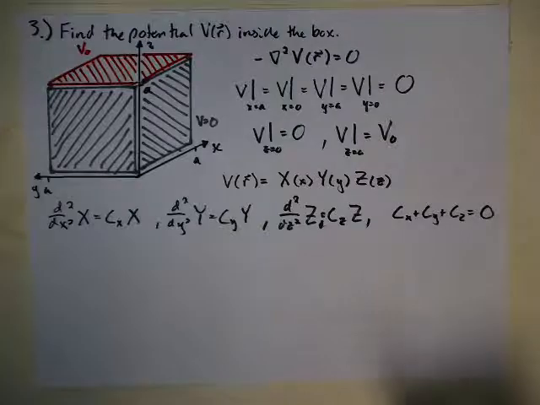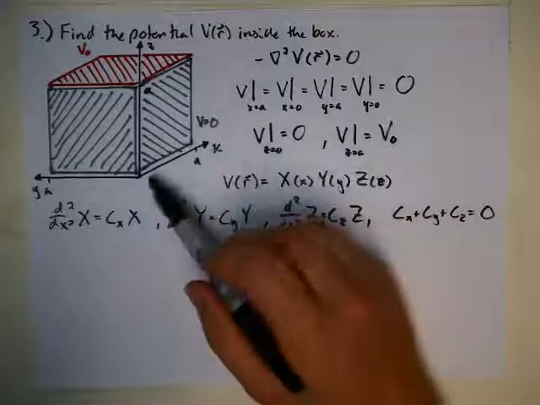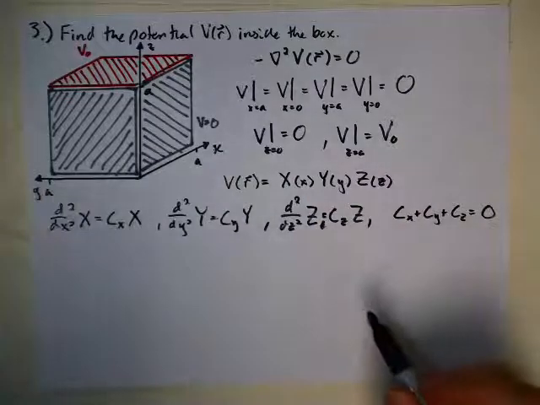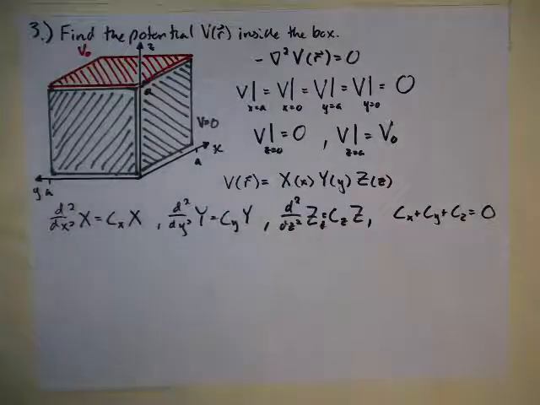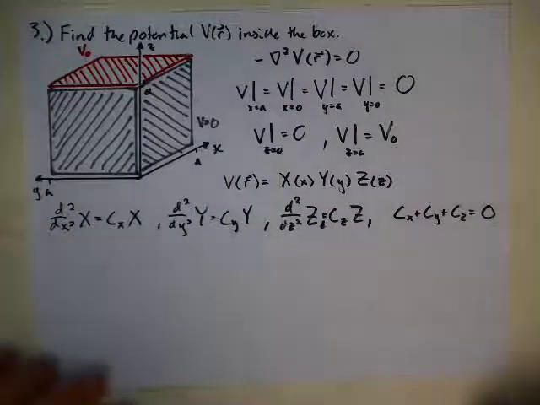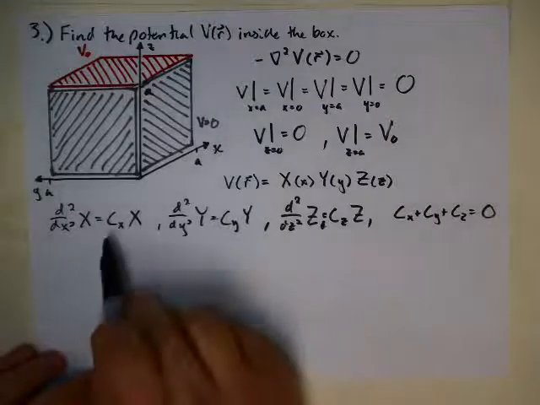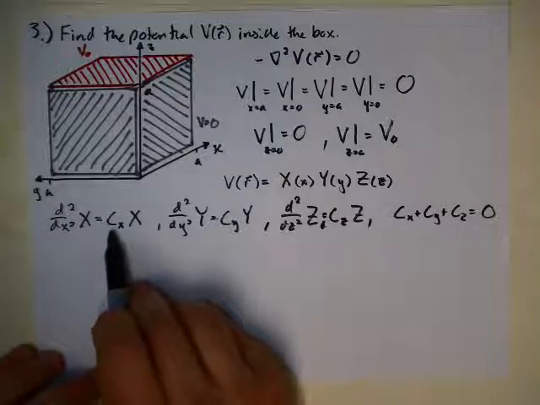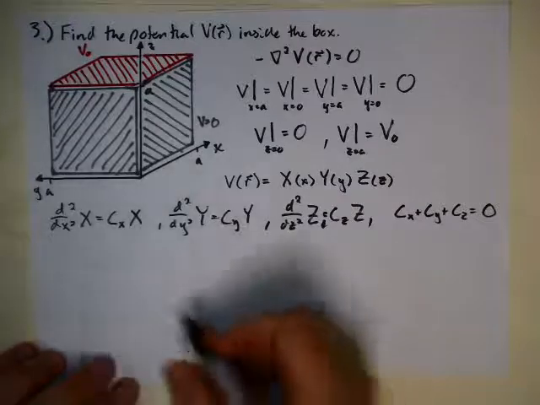Now, similar to the first problem, because I have 0 boundary conditions on both ends of my x and y coordinates, I know the only interesting solutions there will be sines and cosines, and that's going to force Cx and Cy to both be negative.